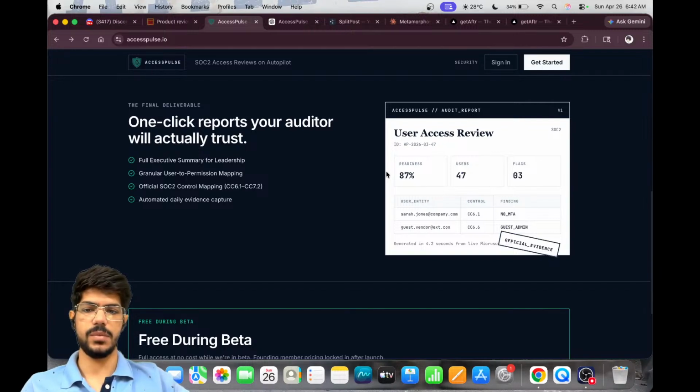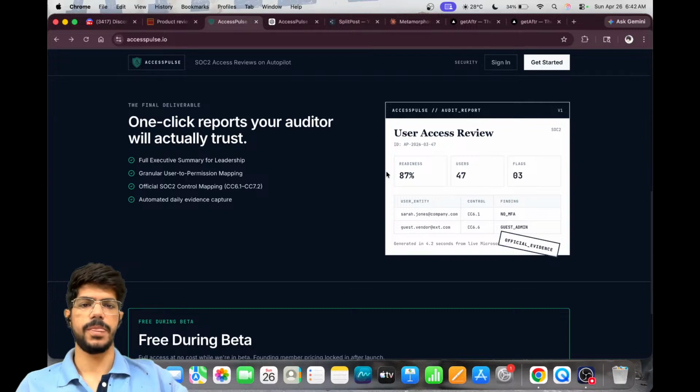And one more thing would be, how are you calculating this readiness? Which means, is there a certain severity of issues that affect this readiness more than certain other flags?